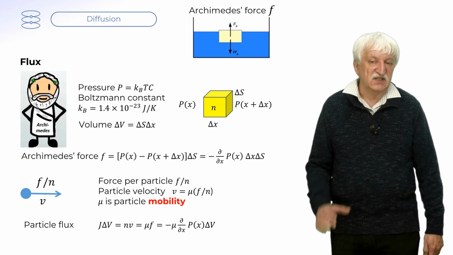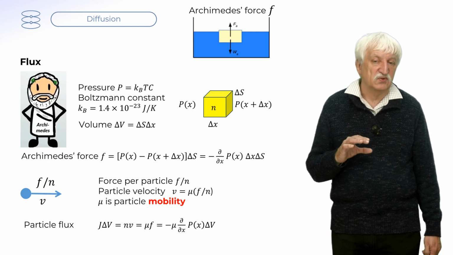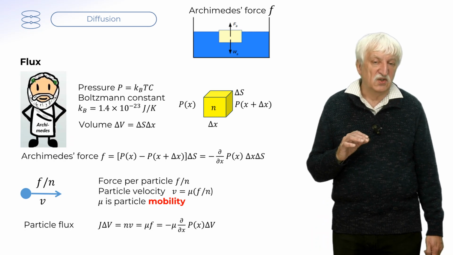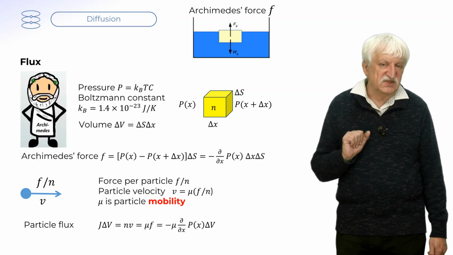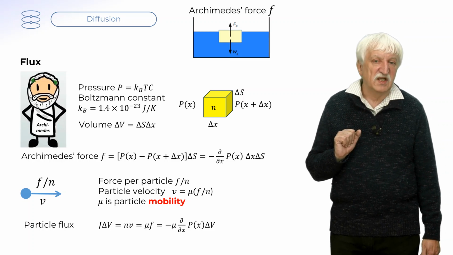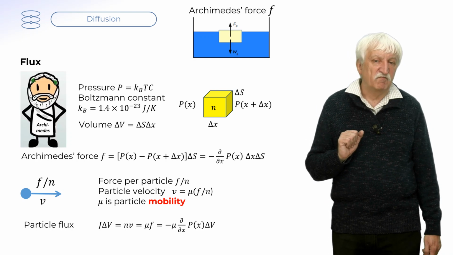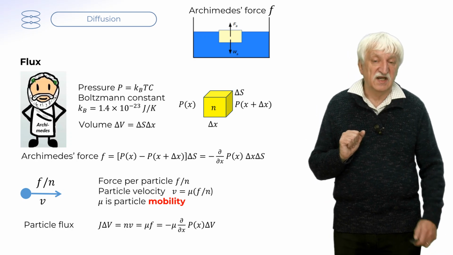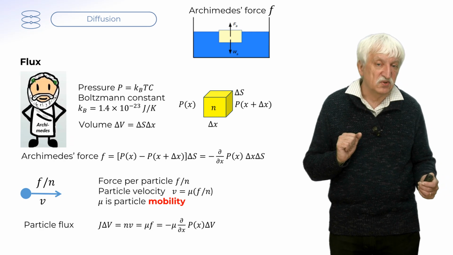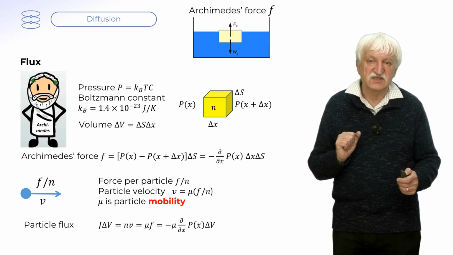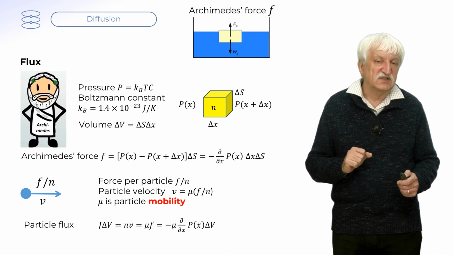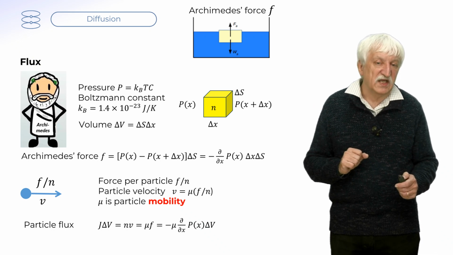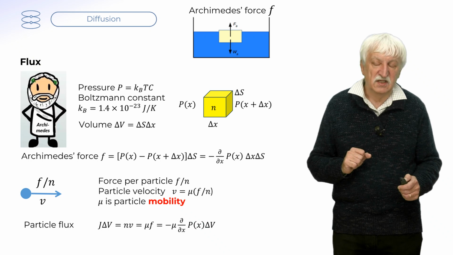Consider again a small but macroscopic volume, delta V. On the left side of this volume acts the pressure pi of x. On the right side of this volume, which is at the distance delta x from the left side, acts the pressure pi of x plus delta x.